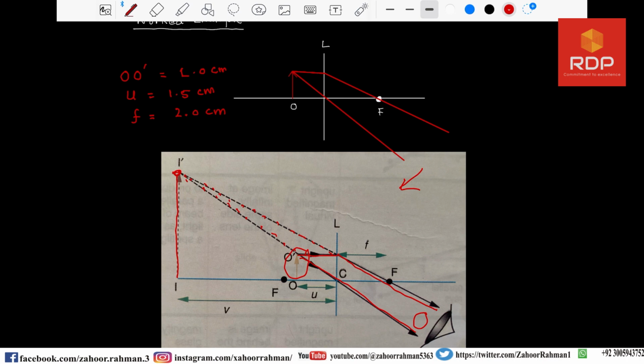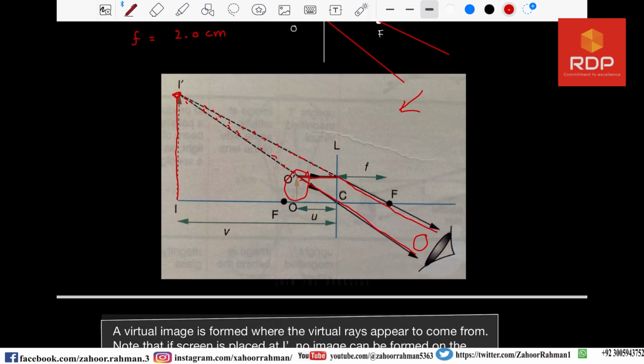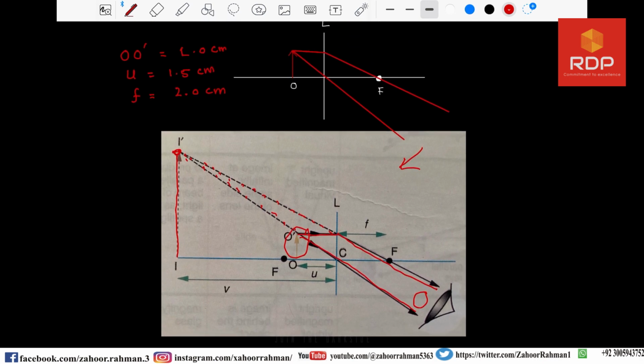The second property of this is that this is an erect image. This is not inverted. That is, it is in the same direction in which the object was. So let us write a few of the properties.